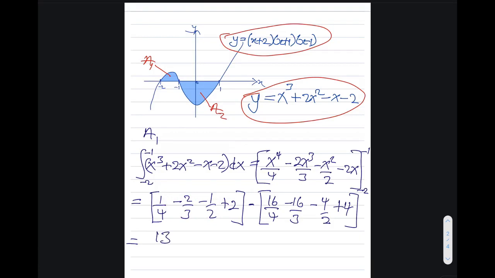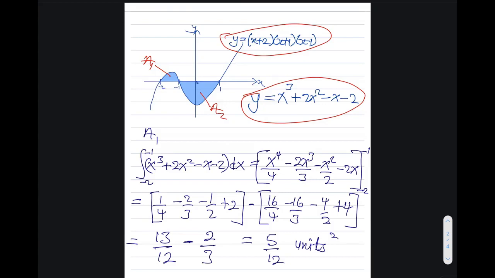We get 13/12 minus, then when we simplify what is in here, we get 2/3. When you subtract, that should give you 5/12 units squared.